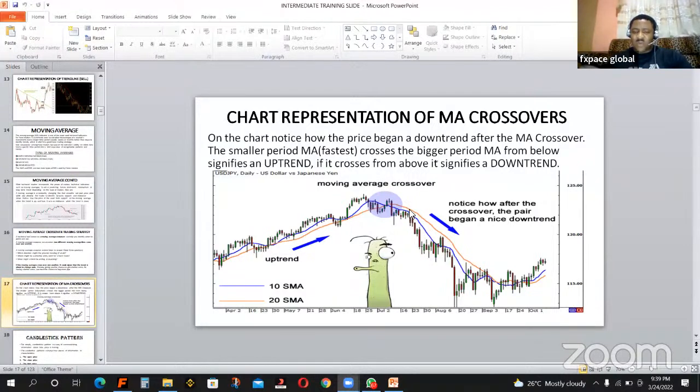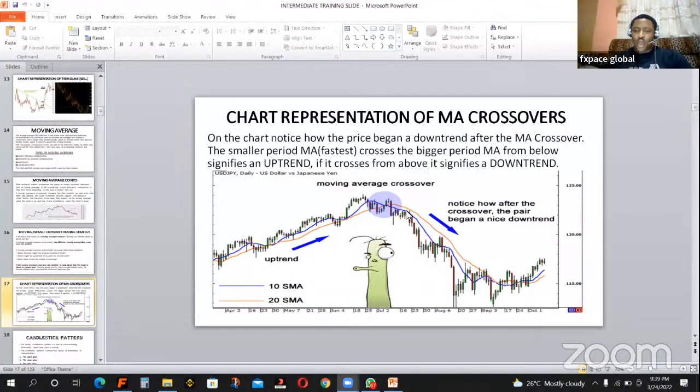You might now be looking for a shooting star, or a gravestone doji, or a harami, or an engulfing, or tweezer, or dark cloud cover, or piercing line.